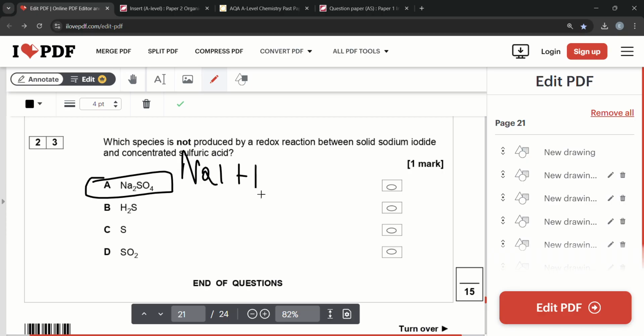Here are the equations. NaI plus H2SO4, I'm not going to include the states, that's going to take a lot of time.